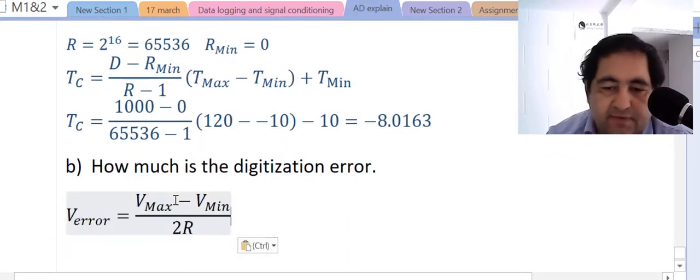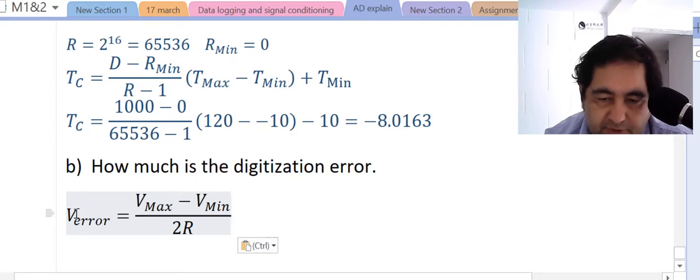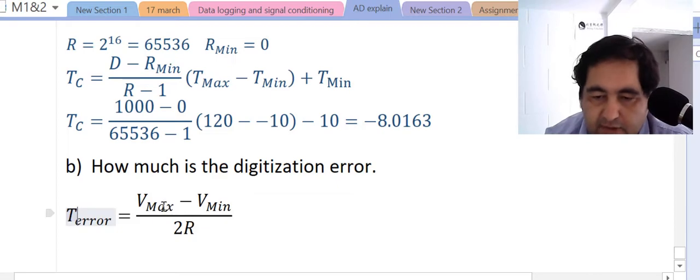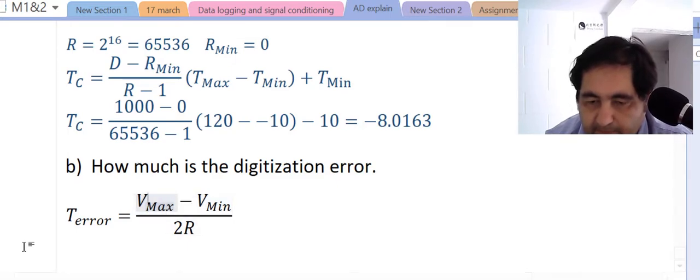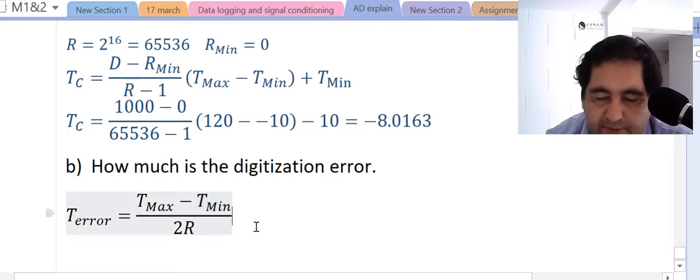Again I write the formula, but I am not talking about voltage anymore, I'm talking about temperature. So it's going to be T error, and instead of V I have T: T max minus T min over 2R. So it's pretty much the same, but different in that sense.